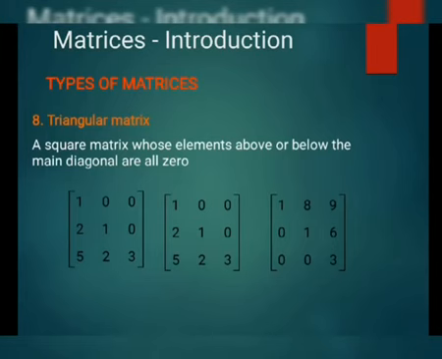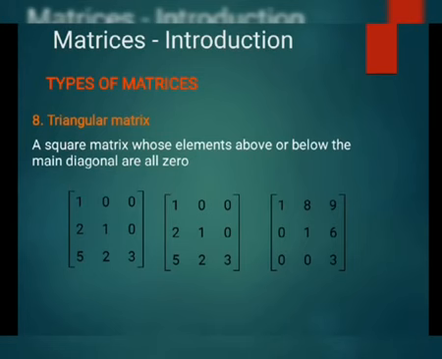So look at the first example here. In the diagonal 1, 1 and 3, all the elements above the diagonal are 0 and below are non-zero. Similarly, in the second one also, above the diagonal is 0, and in the third matrix, the below elements are 0.